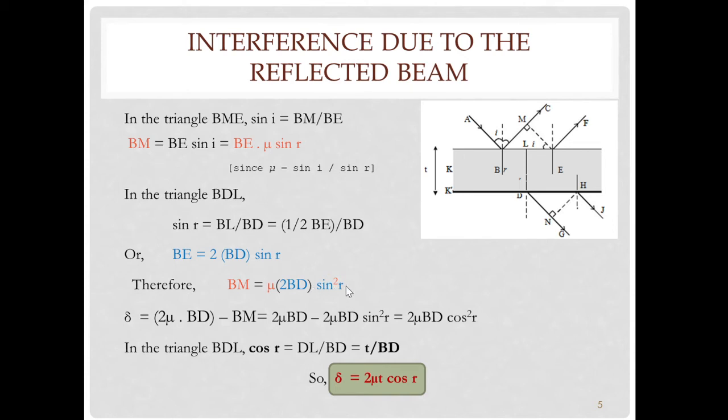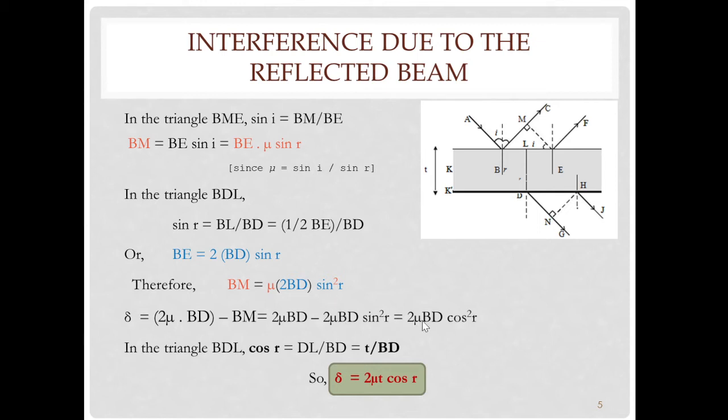I think it's very clear now. And so the equation for the path difference was delta equals 2 mu BD minus BM. So substitute again back for the values of BD and BM. We will write 2 mu BD minus BM as 2 mu BD minus 2 mu BD sin square r.